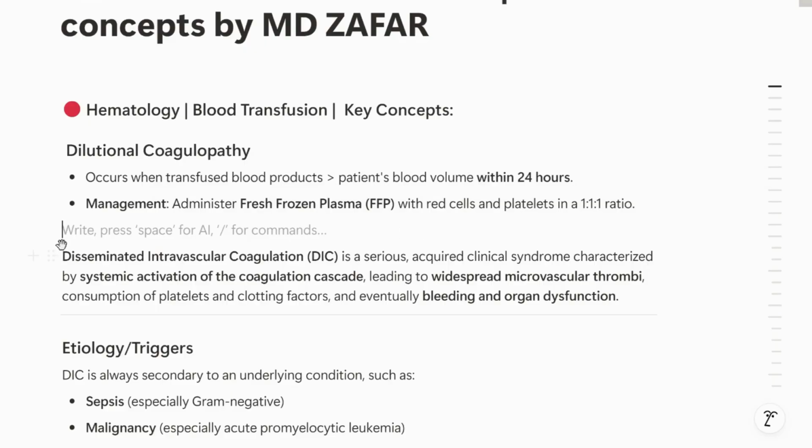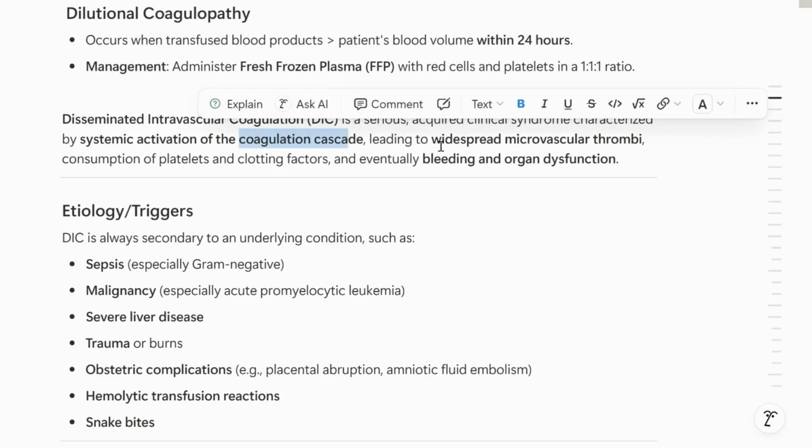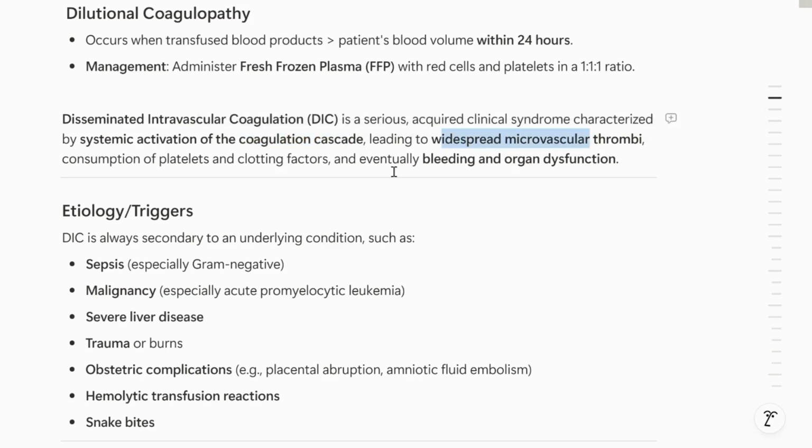So this was a summary. Let's get into the detail. Disseminated intravascular coagulation is a seriously acquired clinical syndrome characterized by systemic activation of the coagulation cascade, leading to widespread microvascular thrombi and consumption of platelets with clotting factors, and eventually leading to a lot of bleeding and organ dysfunction.